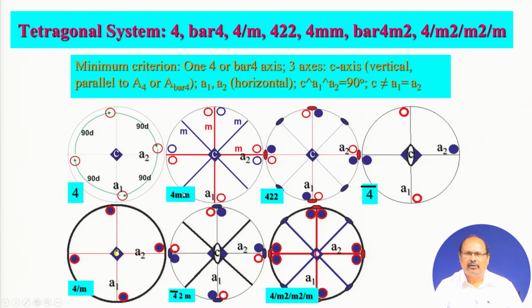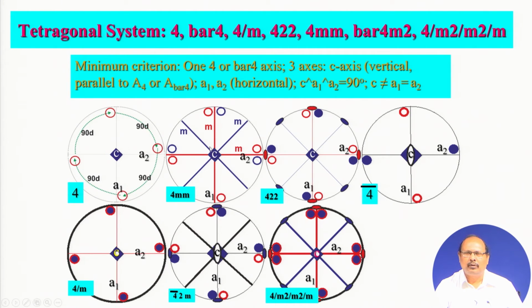So, let us consider this 4 mm here. In this case your fourfold axis is your vertical C crystallographic axis, that is why C is written at the center, and you have these 4 mirror planes that have been drawn here. With respect to one set of mirror plane like this, you can draw a perpendicular to it, in this direction here, you can call it A1, and with respect to this vertical mirror plane, you draw a perpendicular to it, it becomes A2.